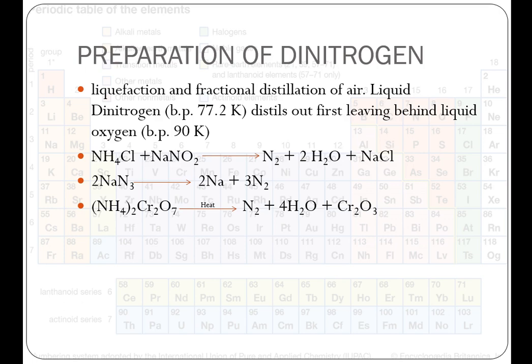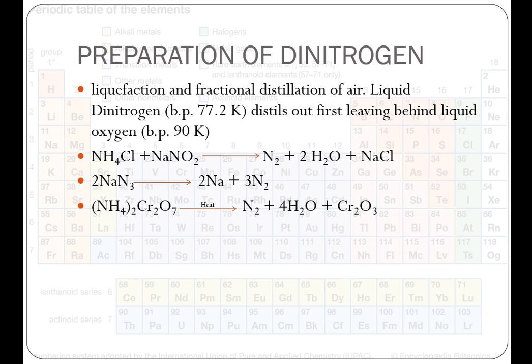In the laboratory, dinitrogen is prepared by treating an aqueous solution of ammonium chloride with sodium nitrite. In this reaction, a small amount of nitric oxide and HNO3 are also formed.